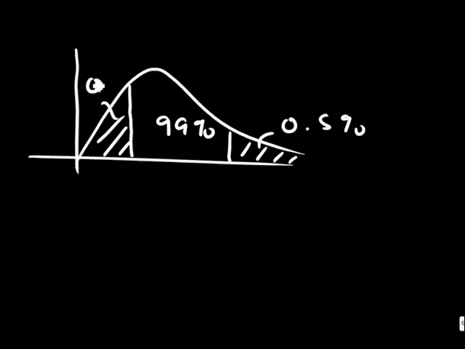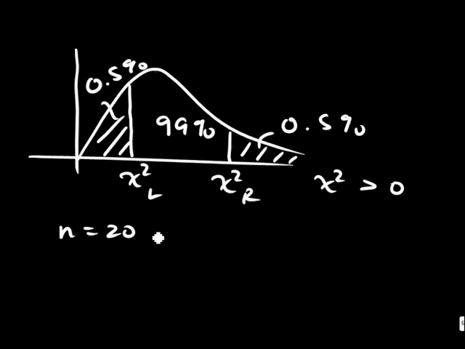Chi-square L, chi-square R. This is the chi-square distribution, which is strictly positive. So, if they have a sample size of 20, our degree of freedom is 1 less. It's 20 minus 1, which is 19. So we're going to have to use our chi-square table.